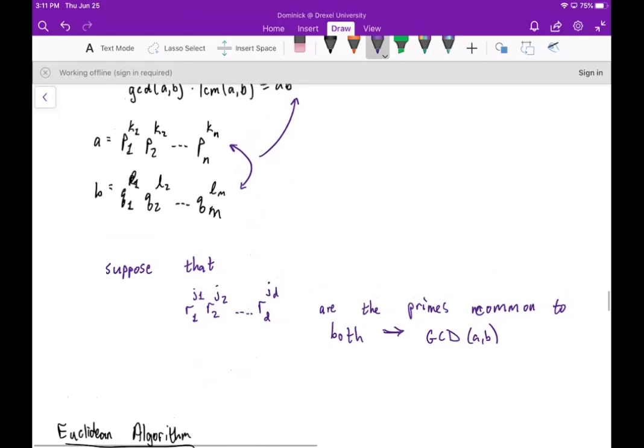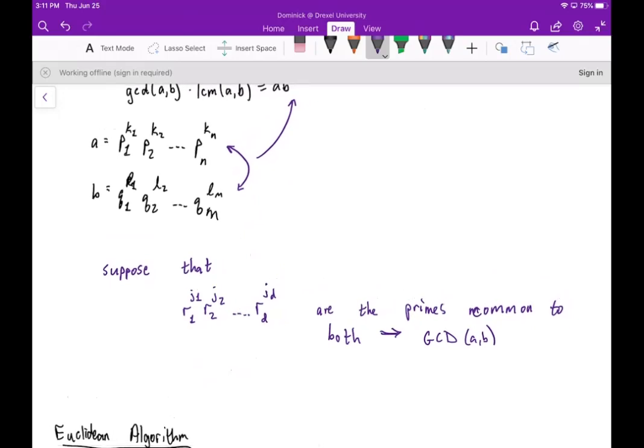Okay, well now what would the LCM of these two be? Well, the LCM would be whatever's sort of left over, right? Because the LCM takes the largest power of any primes.